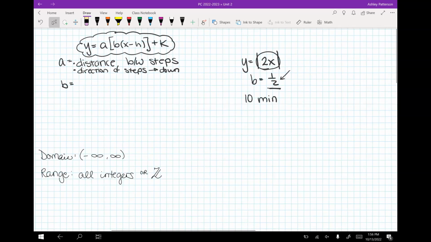Conversely, let's say that I'm driving half the speed I normally do. Normally I drive, let's say 40 miles per hour, but now I'm going to drive 20 miles per hour because I'm tired. Well, that's going to take me twice as long to get there. Okay, so that's the idea behind the B value. Hopefully that made sense and helps a little bit if you're struggling.